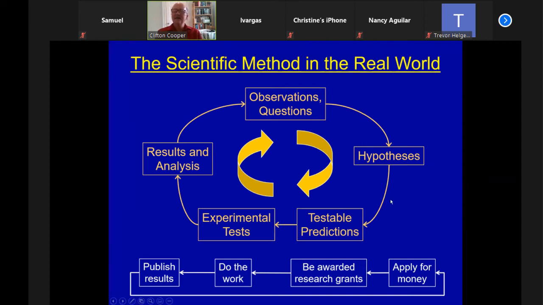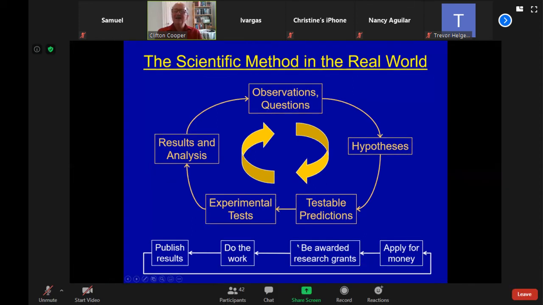If they succeed, they end up getting a research grant, and it describes what they're going to do with the money and what sort of important results they expect to get from the study. And if they got the grant, they do the work. It probably takes about 3 years. They publish results, and that gives them a track record to go back and apply for more money. And this is the main thing that actually university professors are doing.